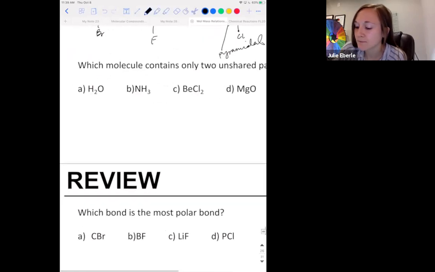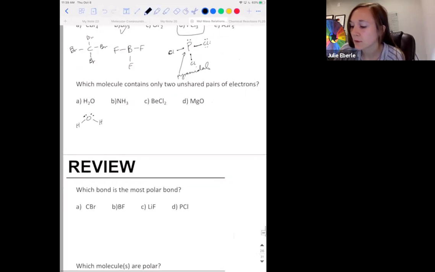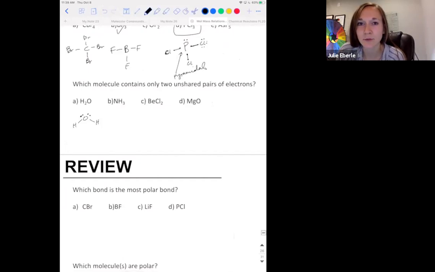Start with water. Water is oxygen with 2 hydrogens. And what do we know about oxygen? 2 bonds, 2 lone pairs. Would you look at that? The first one we drew. 2 unshared, so 2 lone pairs essentially. An unshared pair is a lone pair. So water fits the bill here.